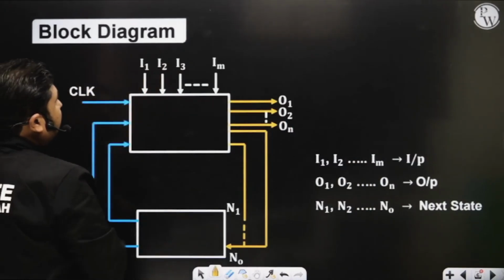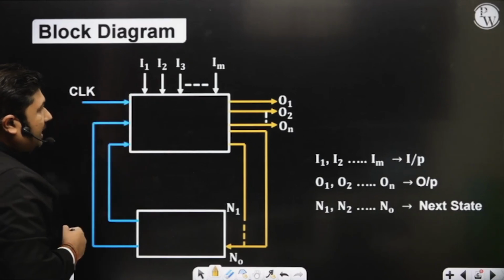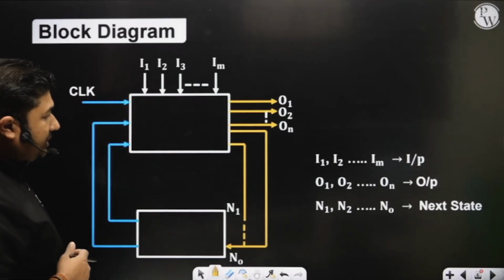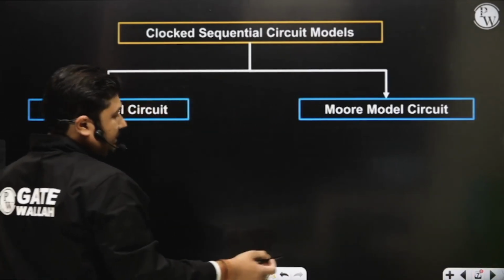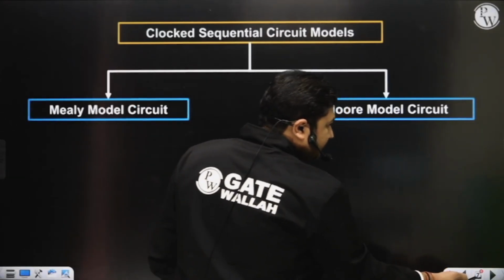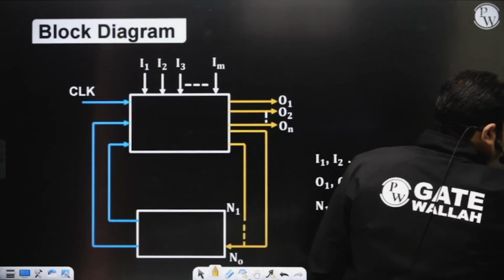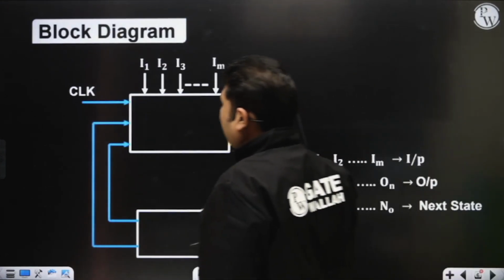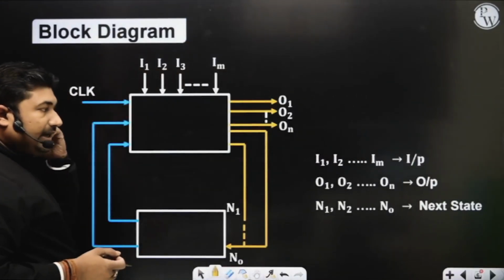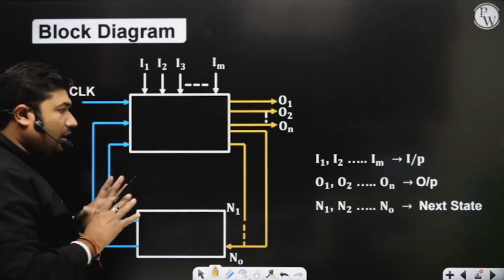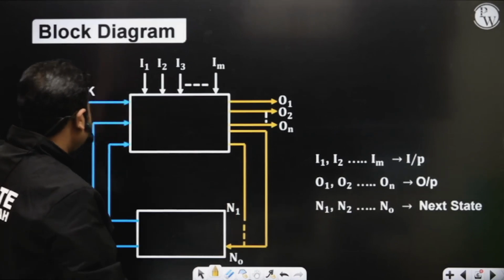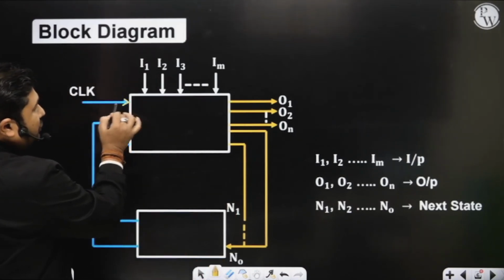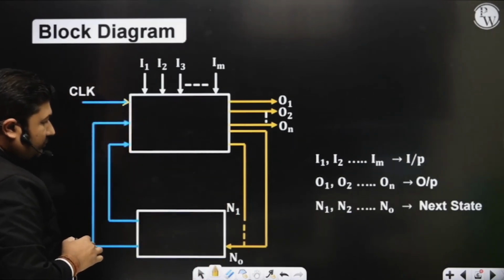Now please observe the block diagram of a finite state machine. I'm trying to show you a better block diagram. State machines can be of two types. It can be a Mealy or a Moore type. All the clocked synchronous sequential circuits are divided into Mealy and Moore. Here I have tried to show you the representation of the clock.